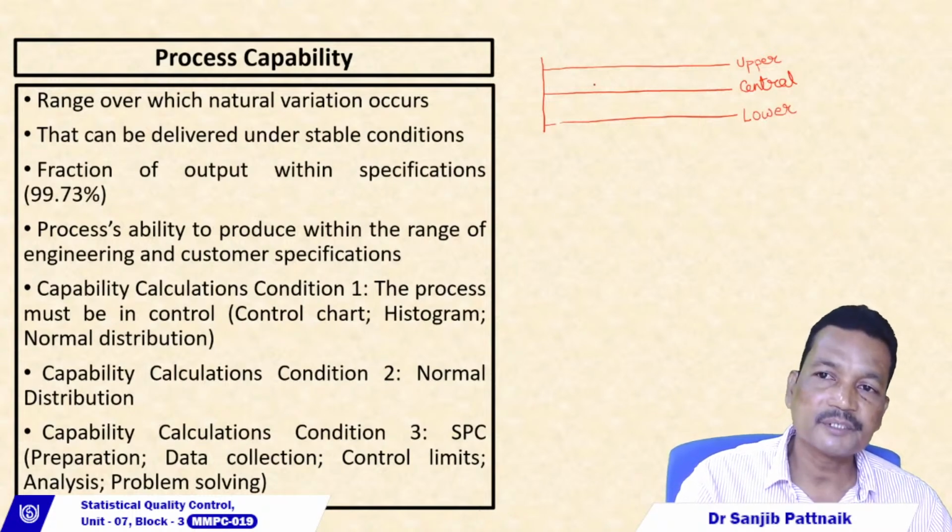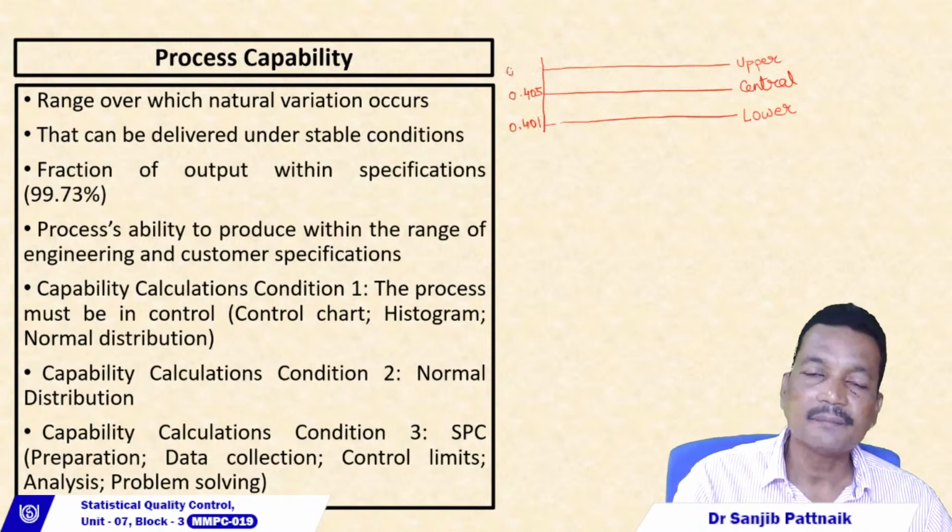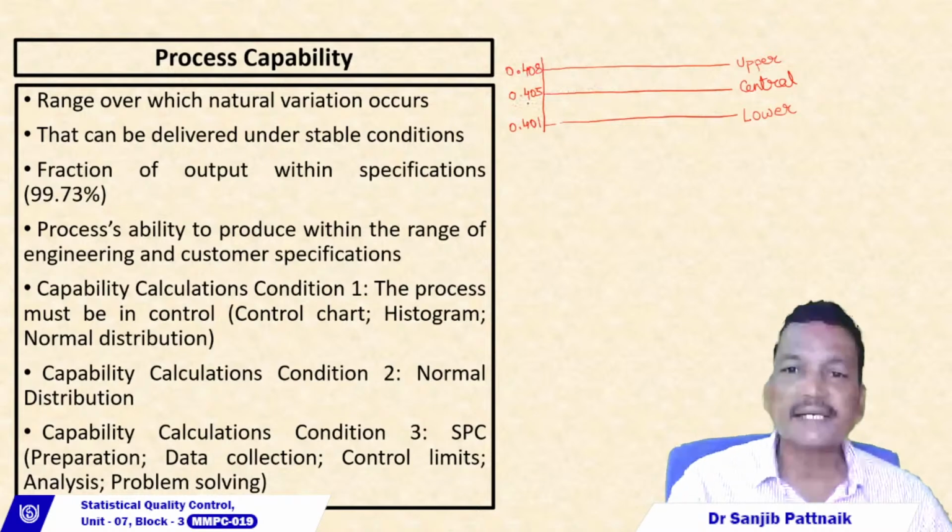Suppose the pen cap's average requirement is 0.405 centimeter. Lowest is, suppose statistically we have calculated as 0.401, and maximum is 0.408. What do I understand? Now a good cap for the pen requires a diameter of 0.405 centimeters.